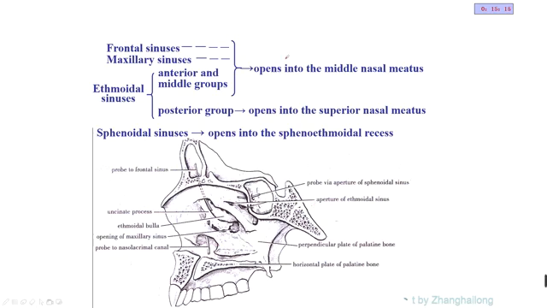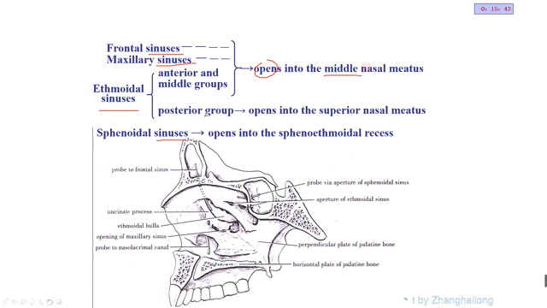Okay, here is about all the openings of the sinuses. You see here is 1, 2, 3, 4: the four different sinuses from the maxillary, ethmoid, and sphenoid. And here are all the openings. You see, most open to the middle nasal meatus. Only two are different.